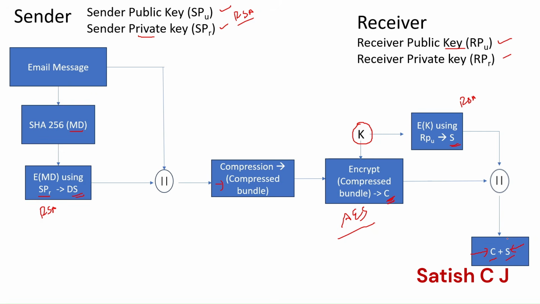Now let us go to the receiver side and see what is happening. The receiver is going to get the compressed bundle which is encrypted, and the key which is encrypted.